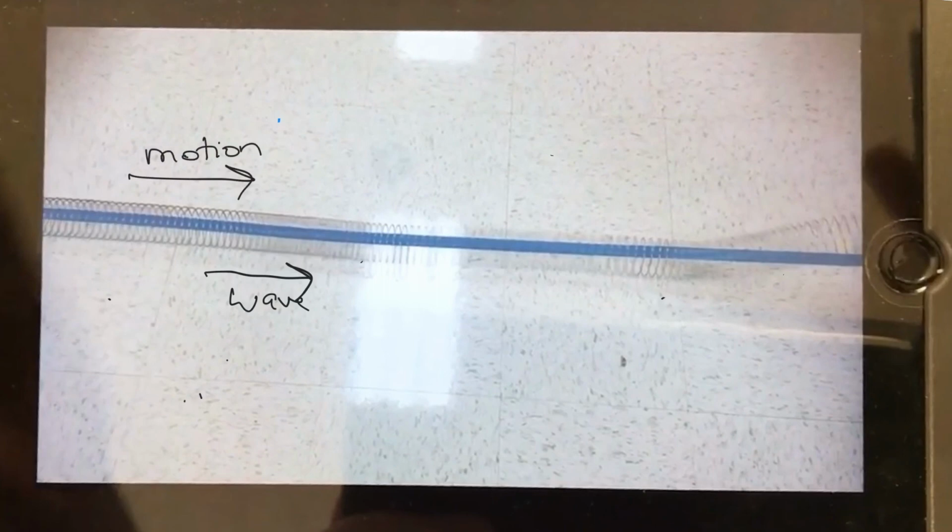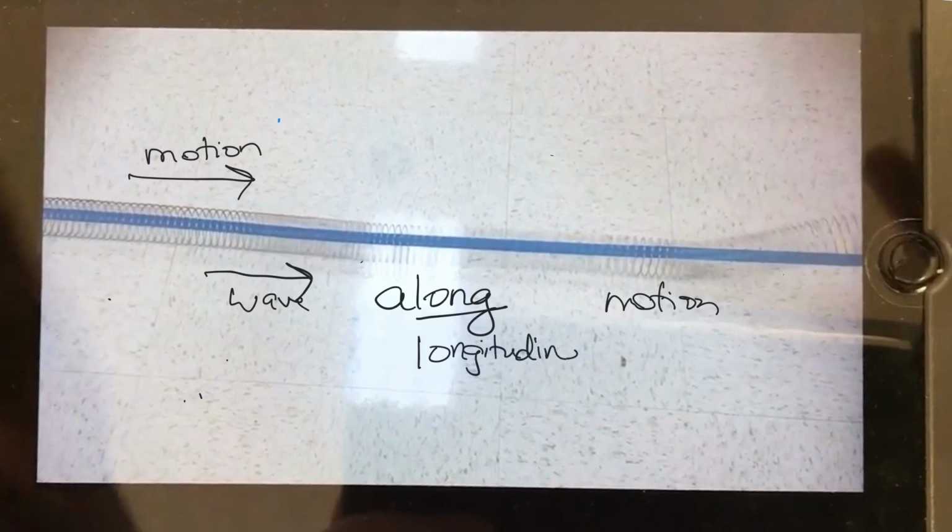The person was pushing the wave in one direction, and the wave was moving that same direction. Actually, I believe in this video it may have been going opposite of that. But the idea here is the wave is going along the same direction as the motion. So longitudinal waves go along the same direction.